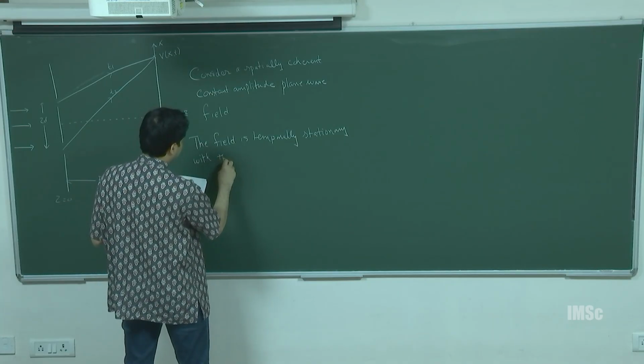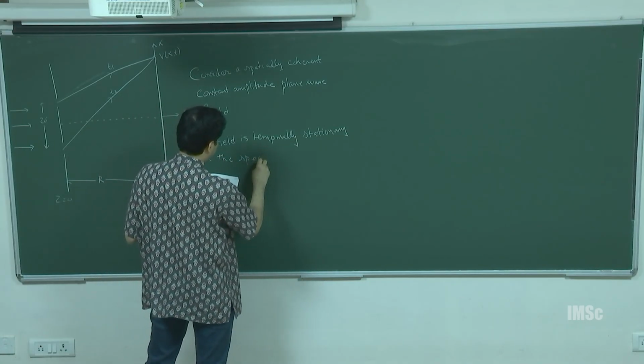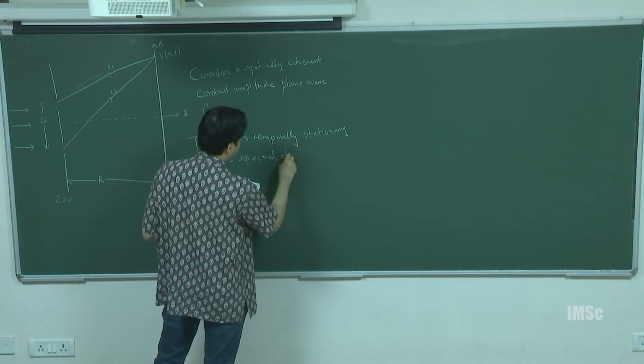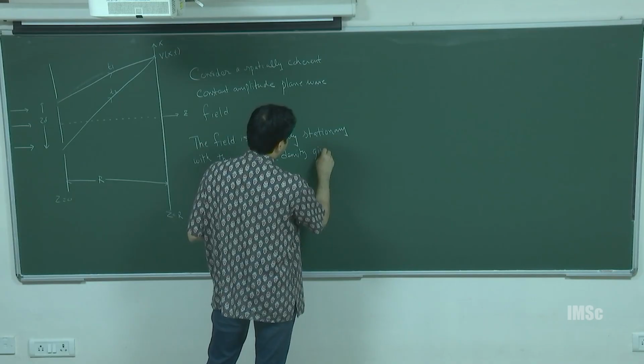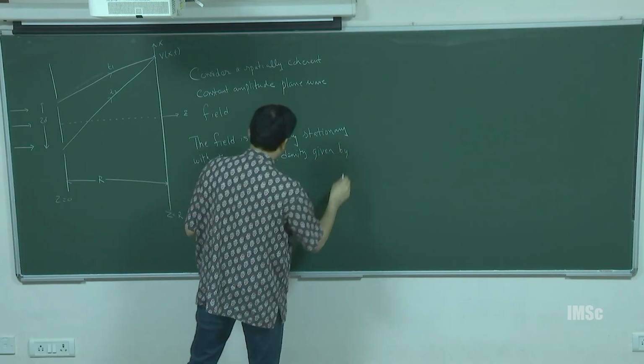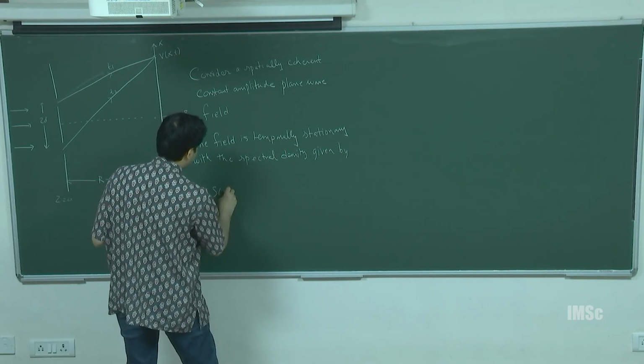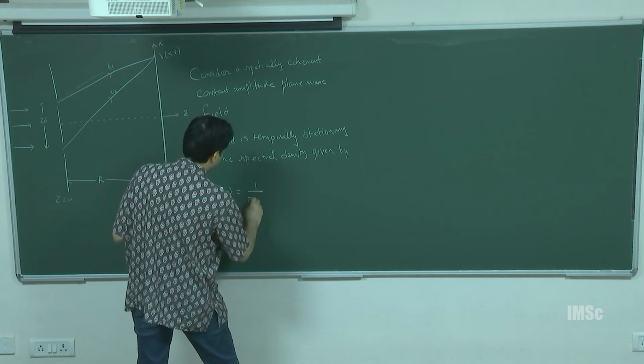With a spectral density given by a Gaussian form. This is something that we considered last time.